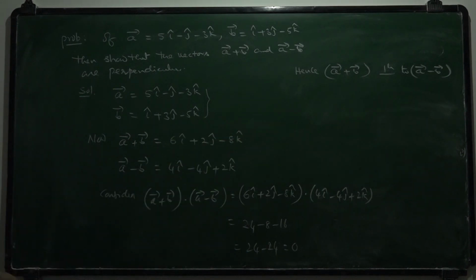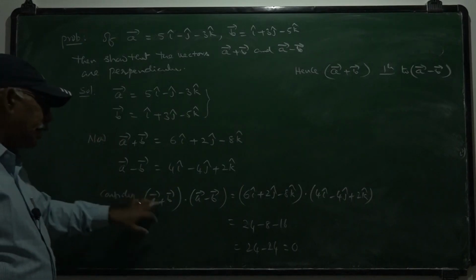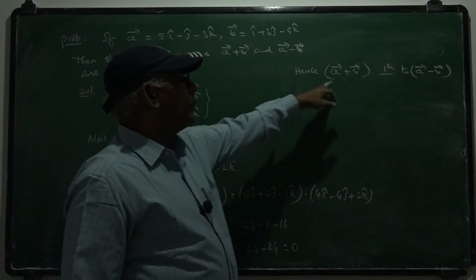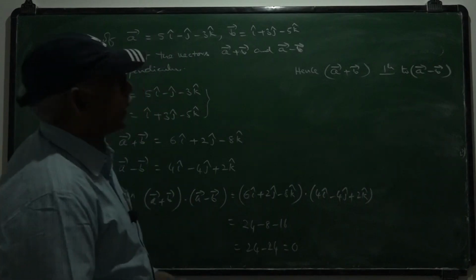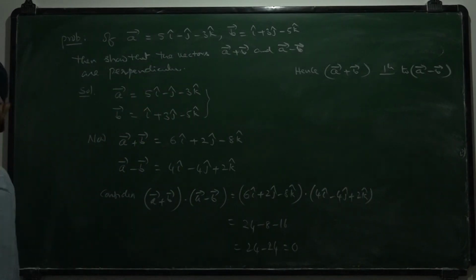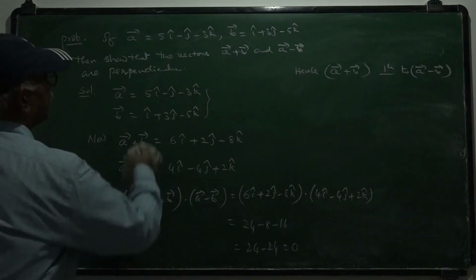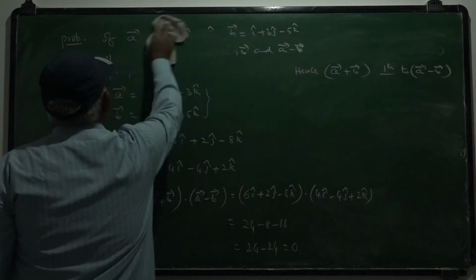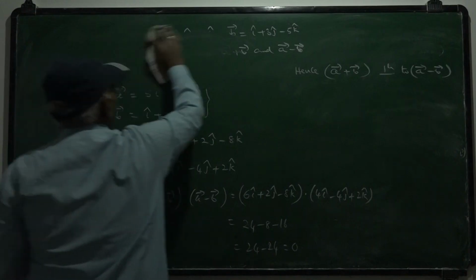Hence, a bar plus b bar and a bar minus b bar are non-zero vectors, such that their dot product is 0, which means they are always perpendicular vectors. Once the dot product is 0, they are perpendicular vectors, once they are non-zero vectors.